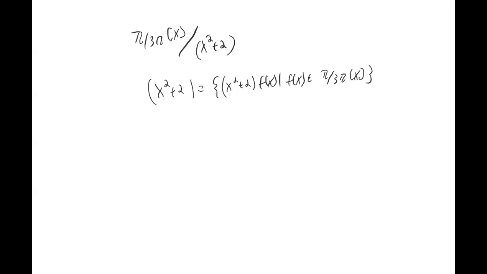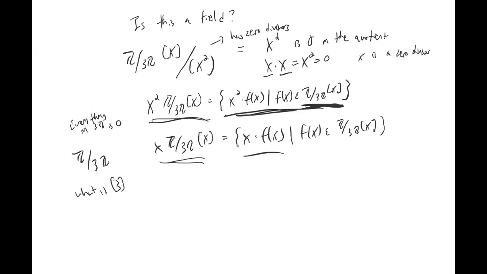Let me give you a hint. In general, it's a field if something is irreducible. If the thing is reducible, it cannot be a field. Like the thing we did before, this thing's reducible. It factors as x times x. You all see this? And if it factors, well, this ideal is bigger. That's how you get the x here.